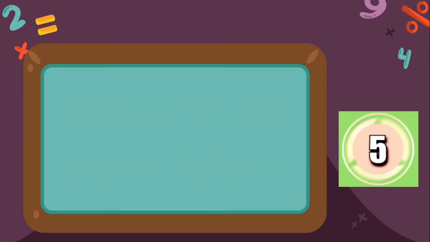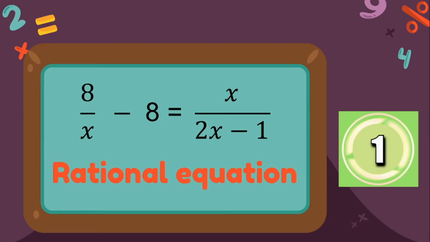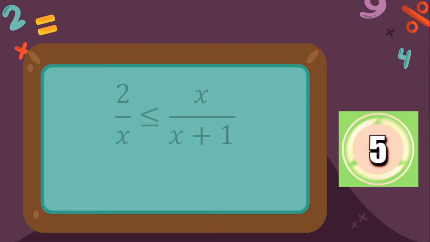Next, 8 over x minus 8 is equal to x over 2x minus 1. The answer is correct. This is an example of a rational equation. How about this one?